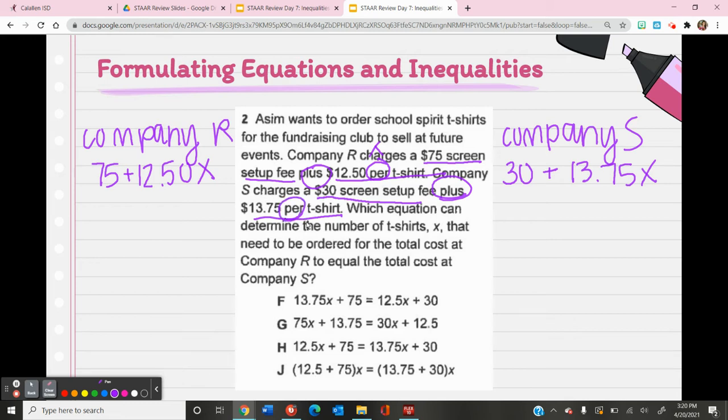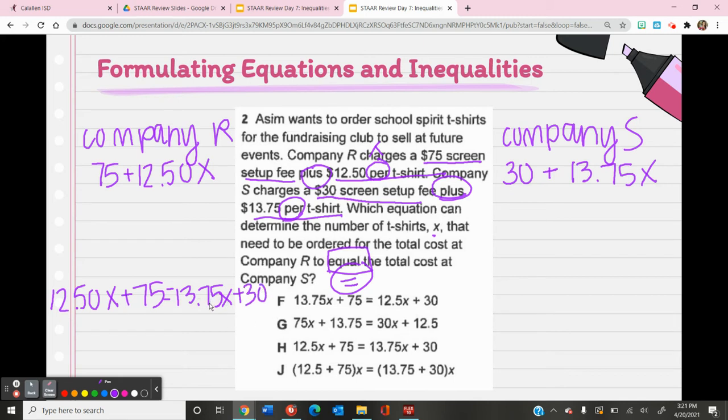So now it says which equation can determine the number of t-shirts X that needs to be ordered for the total cost for company R to equal the total cost at company S. So my inequality symbol will be the equal sign. So whenever I am writing this, the statement will be 12.50X plus 75 equals 13.75X plus 30.